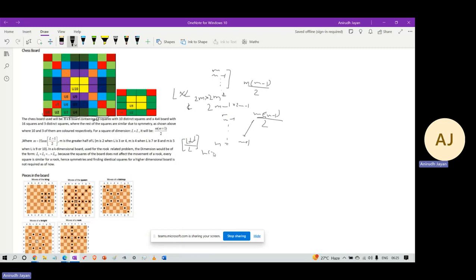So we have m into m plus 1 by 2 in this case. Anyway, this will be useful for calculating the moves for a king, a queen, a bishop, and a knight. Keep this in mind.